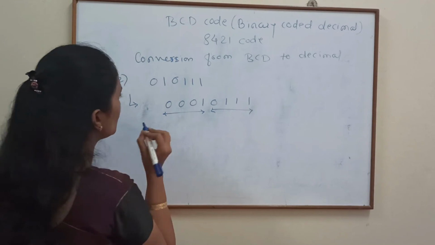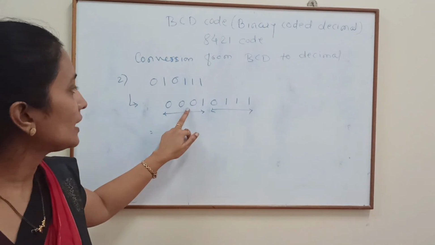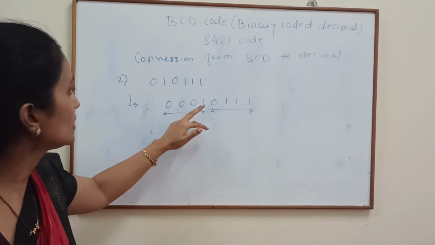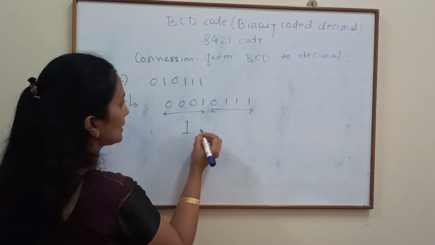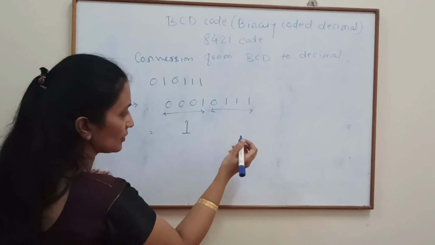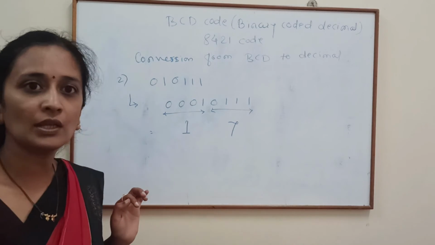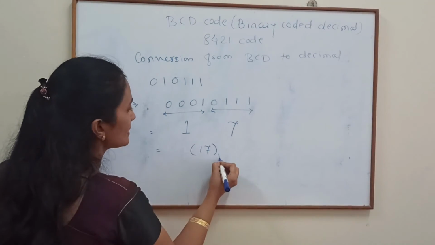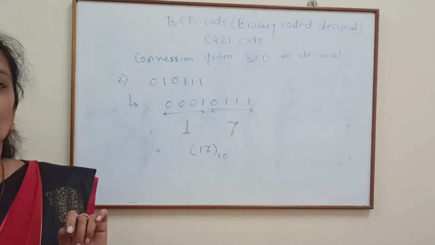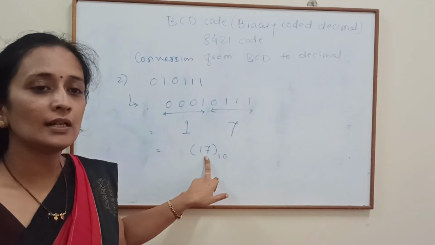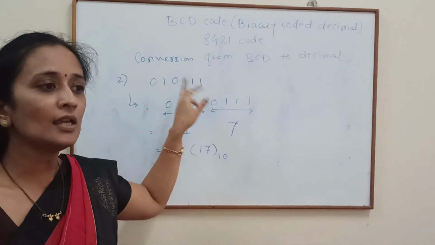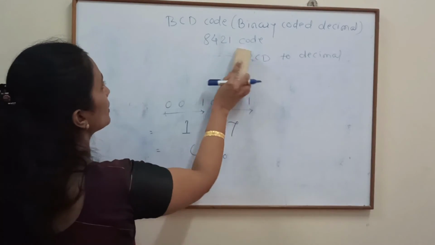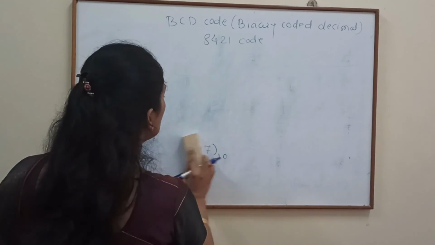We will get 2 groups. Then write the equivalent decimal number of each and every group. 0001 means 1 and 0111 means what? 7. Therefore, the equivalent decimal number is 17. This is the equivalent decimal number of this BCD code. This is the procedure to convert any BCD number to its decimal equivalent.